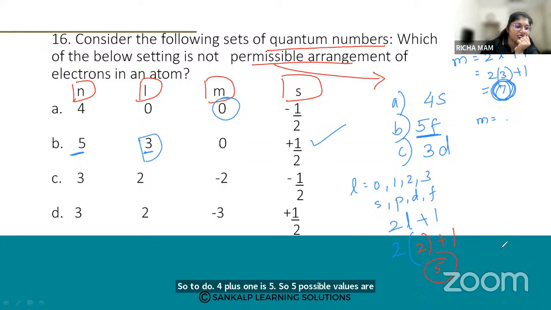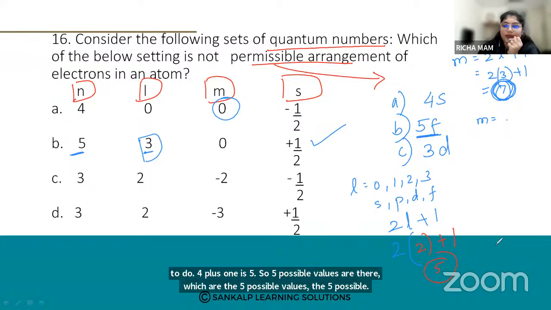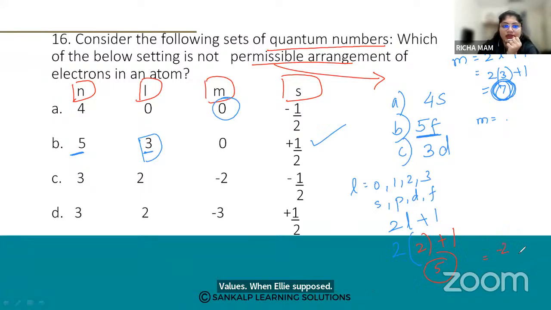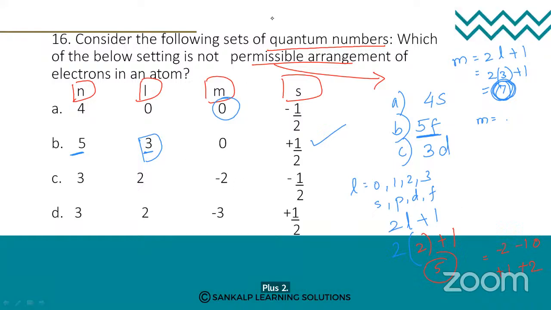When L is equal to 2, they are minus 2, minus 1, 0, plus 1 and plus 2. So here, which is the possible arrangement? So this is also correct, option C is also correct.